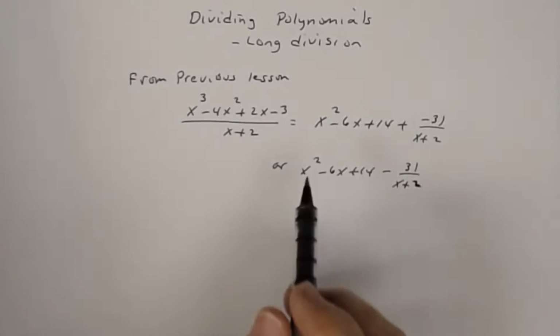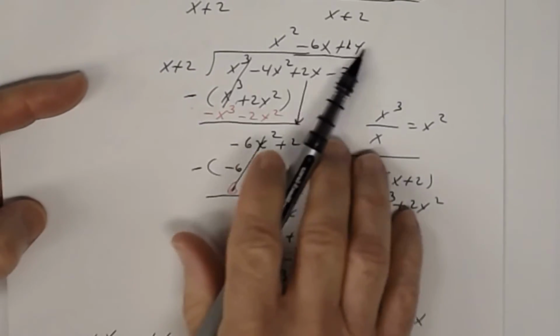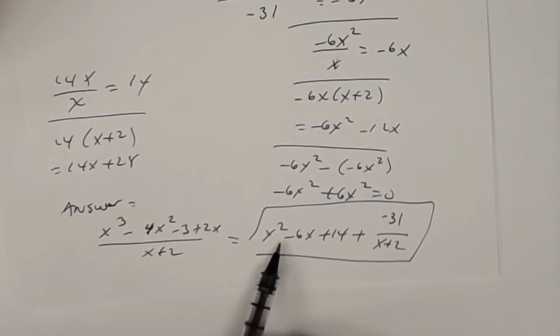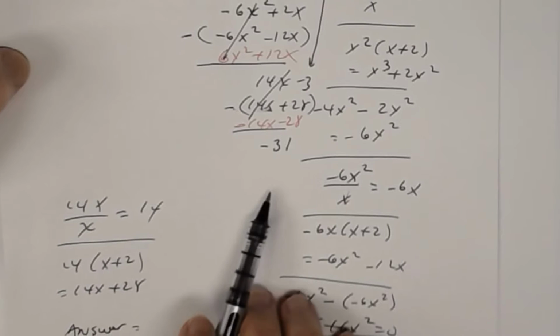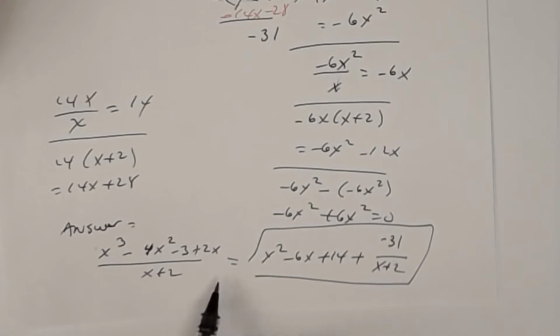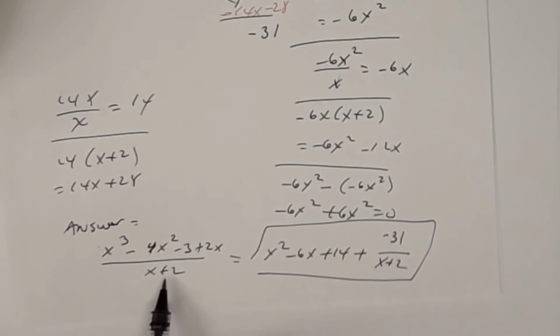In this problem, when you rewrote it, notice that this polynomial, the quotient, was this part of your answer. The numerator of your fraction is the remainder, and the denominator of your fraction is your divisor. Notice this denominator is the same as this denominator, your divisor.